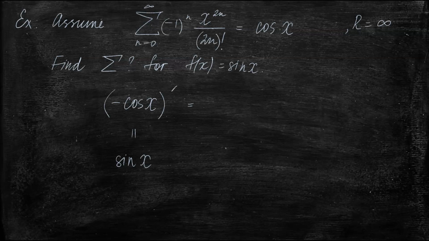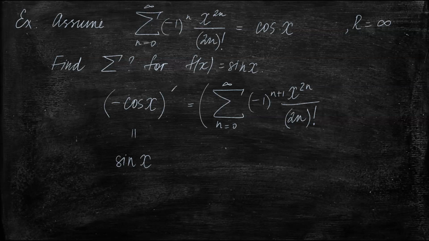And if we take negative cosine, then according to our statement above, the power series for negative cosine will be this. Now we can bring this negative 1 inside of this series just by adding another negative 1 over here. And now to obtain the power series of sine, we're just going to differentiate this term by term.